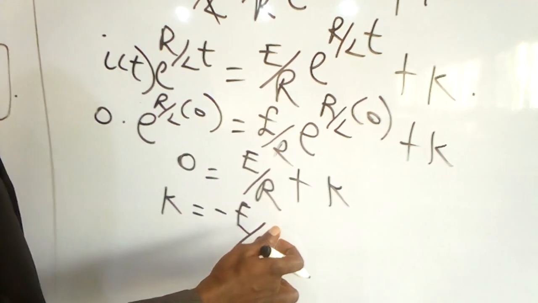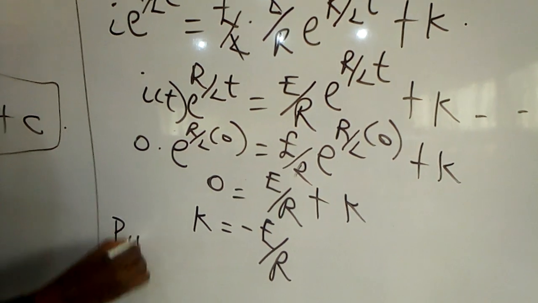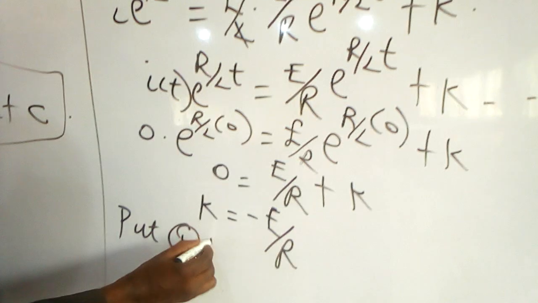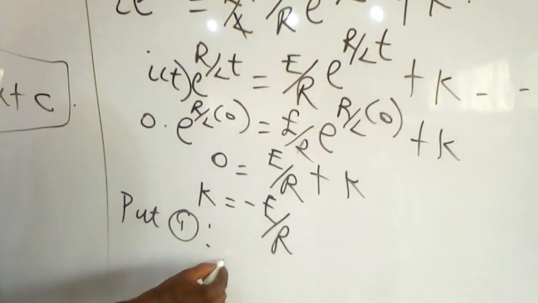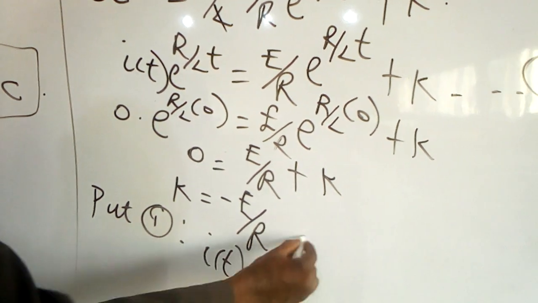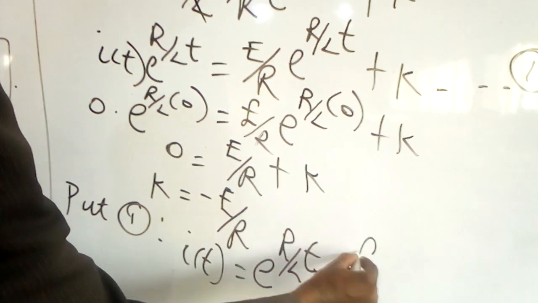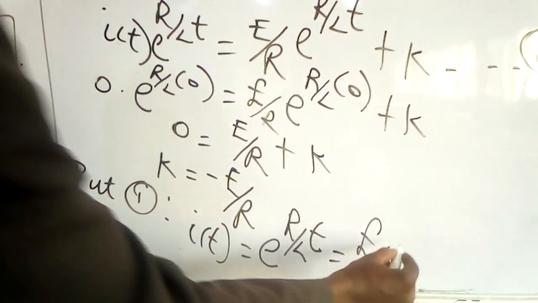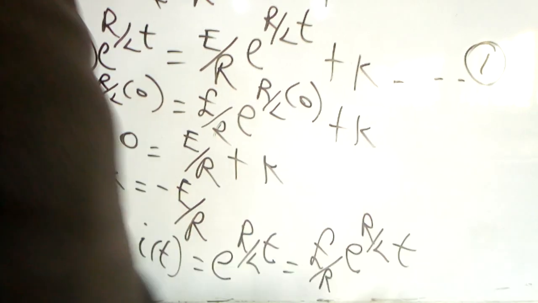If K is minus E over R, we are going to place this in equation 1. We now put it in 1 to get the final result of the relationship. And this will now finally give us current as a function of time times exponential R over L t is equal to E over R exponential R over L t.